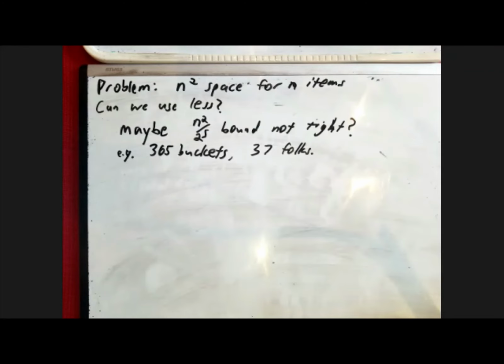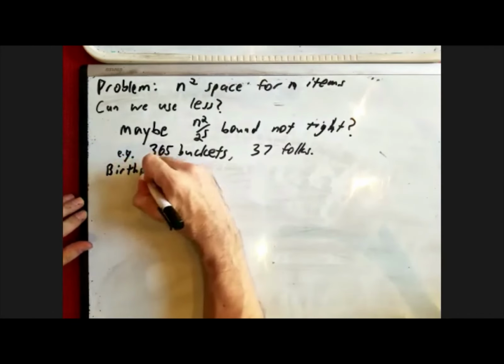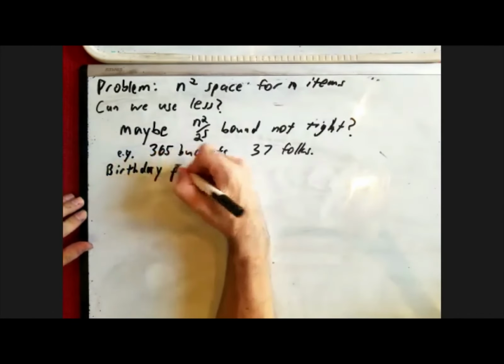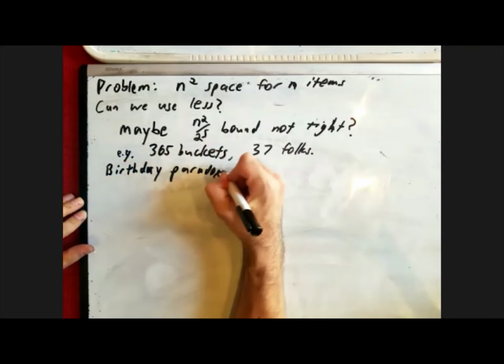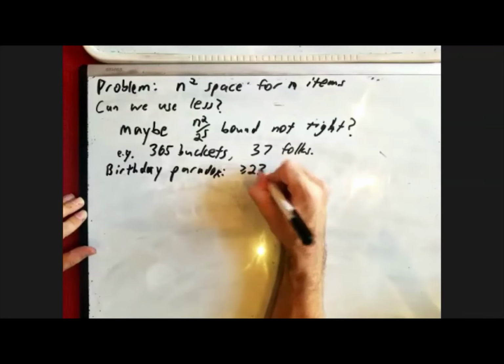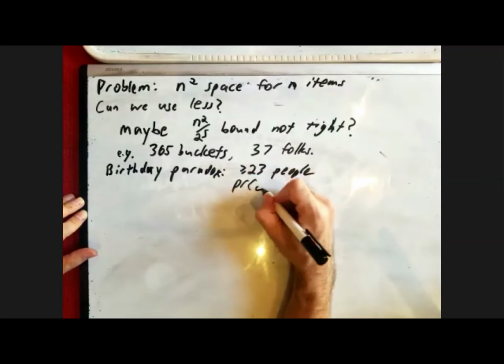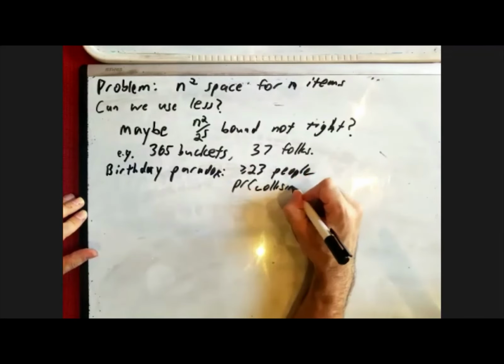So I see in the chat, somebody has correctly asserted that it's much more than a half. This is an instance of what's known as the birthday paradox, which says that once you have more than 23 people, the probability of a collision is greater than a half.